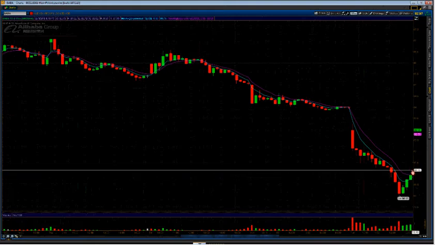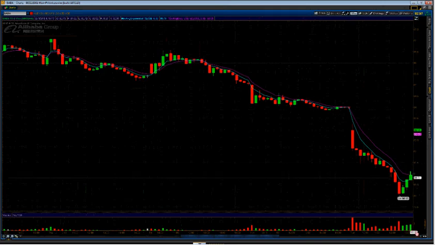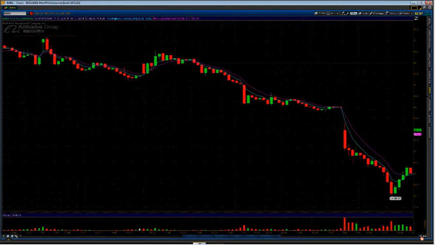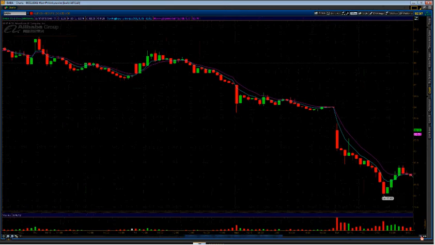But the 5 did not cross above the 9 yet, did it? The 5 did not yet cross above the 9. As a matter of fact, it still hasn't here, or here, or here, or here. But the 9's doing something different here.